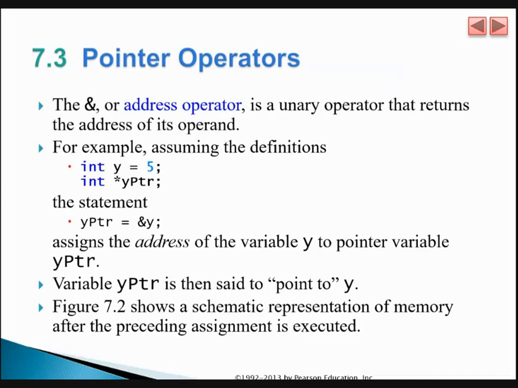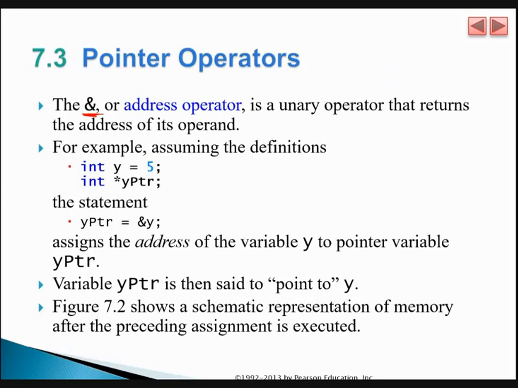Okay. All right. Now let's see how we can give a memory address to the pointer. We have already seen that the ampersand is the address operator. This is a unary operator. When we put a double ampersand sign, this is our logical AND operator. But when we give a single ampersand sign, this is the address operator. It is a unary operator, meaning it will take only one operand, and it will return the address of that operand.